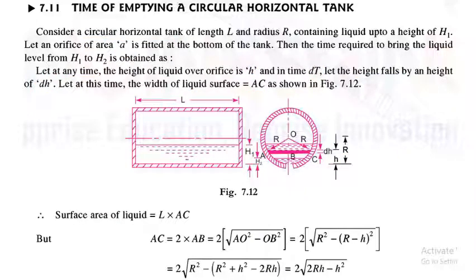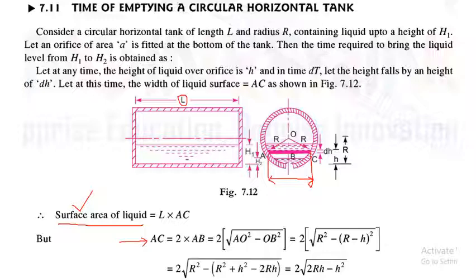Then the surface of the liquid in the tank will be rectangular. So L into AC gives you the surface area of the liquid, where AC is the width. And AC from the figure is 2 into AB.